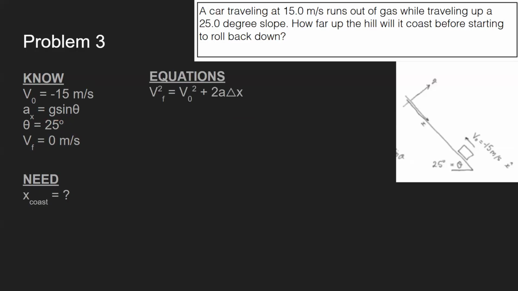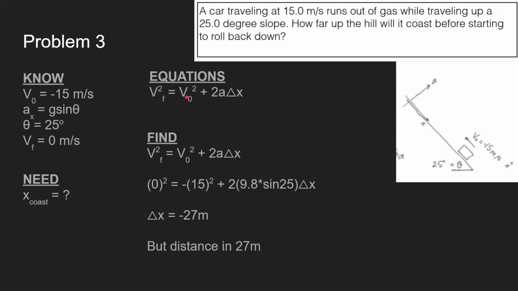The equation we'll use is this one, because we don't have any information about time, so we don't want to use those equations with the t, because then we'll have two unknowns and you can't solve it. In this case, we can use this equation because we know all of these things. We know that the final velocity is 0, initial velocity is 15.